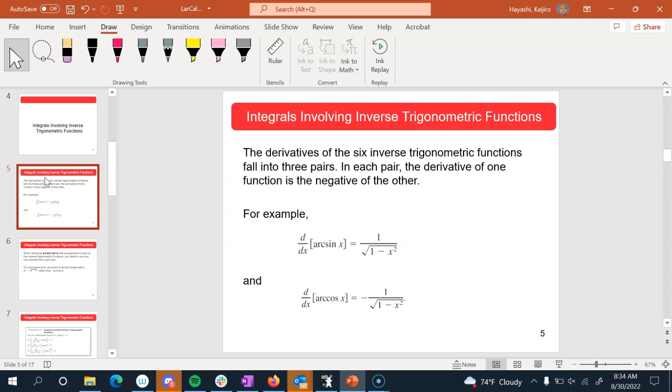So, for example, the derivative of arc cosine will simply be the negative of the derivative of arcsine. Arc cotangent's derivative will be the negative of arctangent's derivative, and arc cosecant's derivative will be the negative of arcsecant's derivative. So you don't really have to know anything for those inverse trigonometric cofunctions.